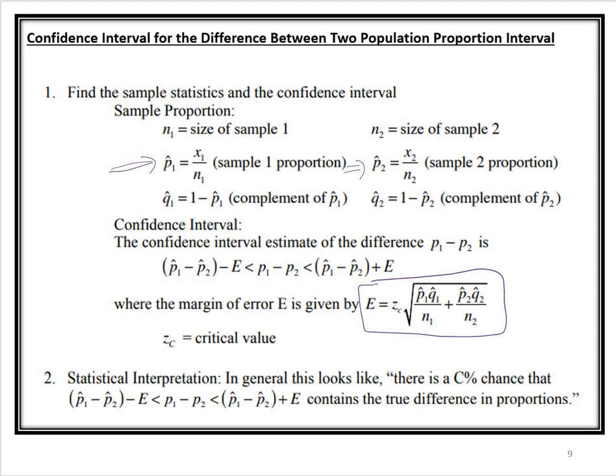If it is a single sample, the EBP is equal to Z alpha by 2 into square root of PQ divided by N. And if we have two samples, we add them together: P1 Q1 by N1 plus P2 Q2 by N2. That is the EBP. Once you get the EBP, you can subtract it from the mean value and add it to the mean, and this is the confidence interval.